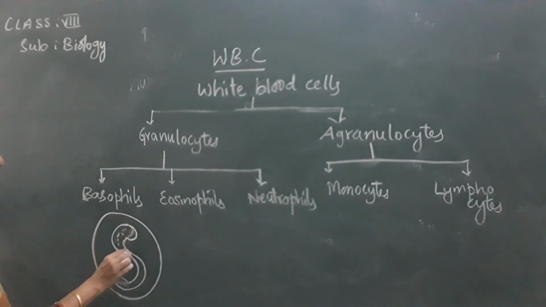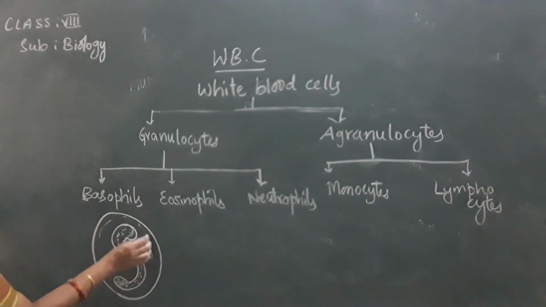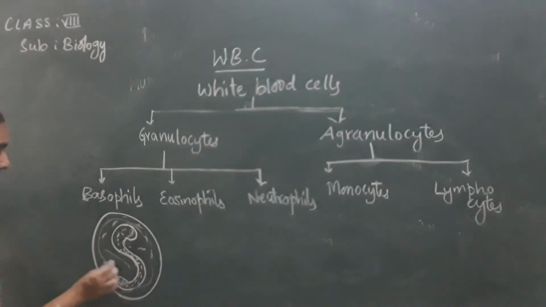This is the cytoplasm. The nucleus is bilobed, and the cell contains the cytoplasm and cytoplasmic granules inside. This is the structure of basophils.